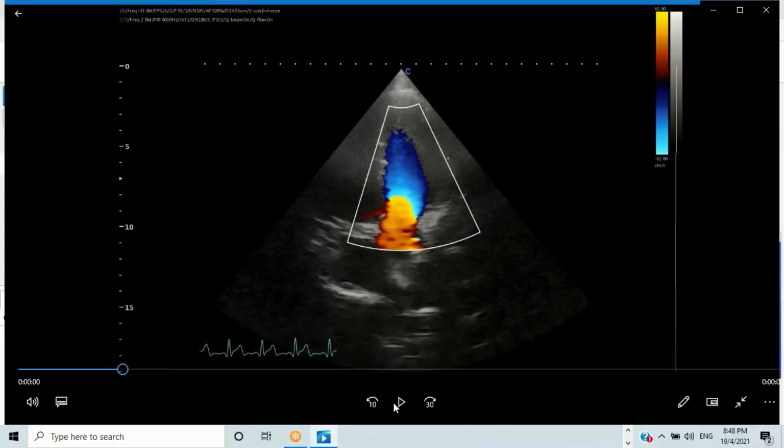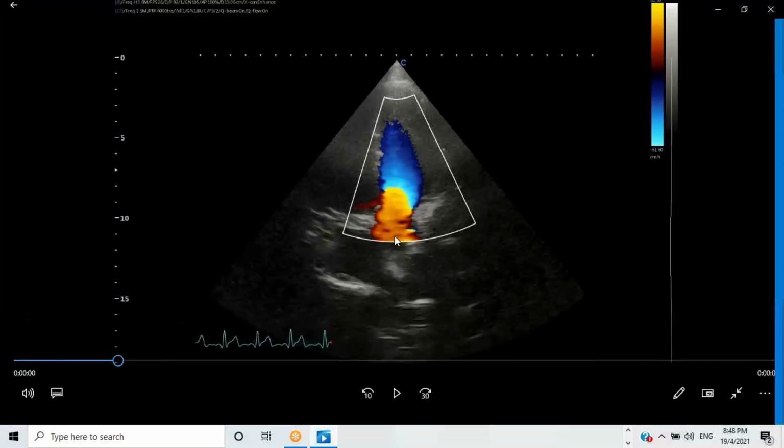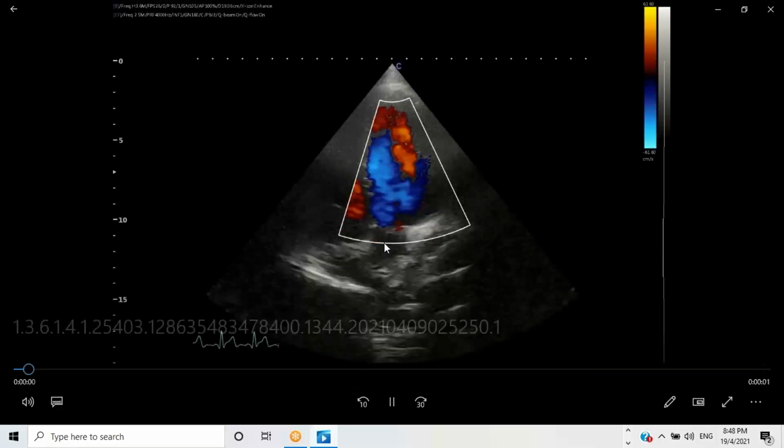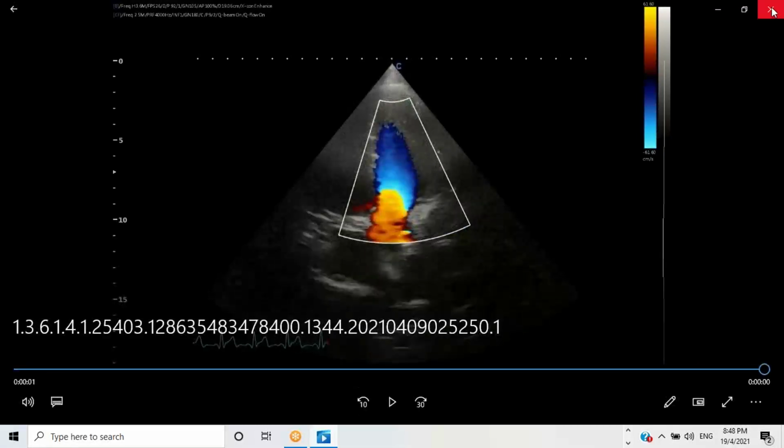Okay, so you put color across the aortic valve. You're looking for aortic insufficiency.